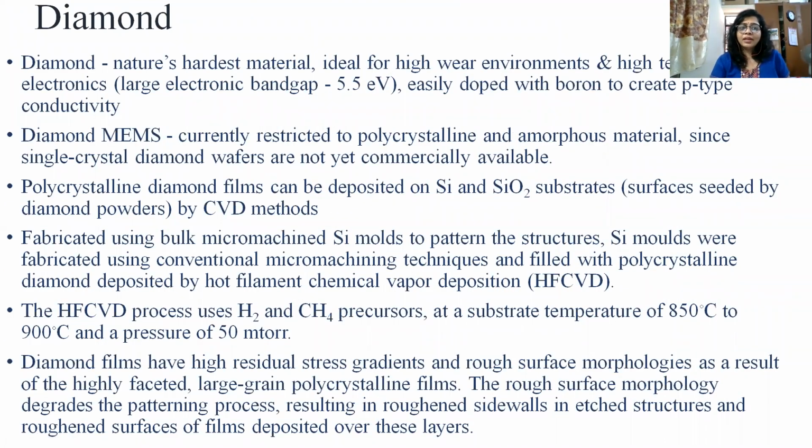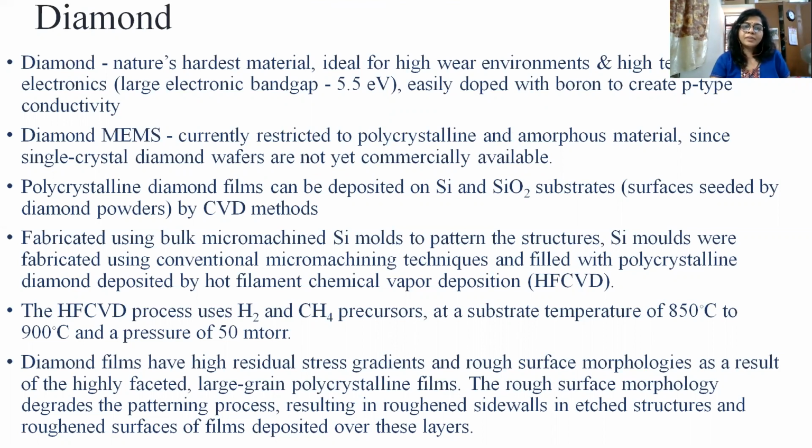Diamond. Diamond is the naturally hardest, ideal material for high wear and harsh environment electronics. It has a large electronic band gap and is easily doped with boron to create conductivity. Diamond MEMS is currently restricted to polycrystalline diamond and amorphous materials, since single crystalline diamond wafers are not yet commercialized.